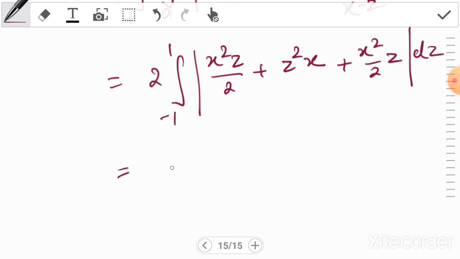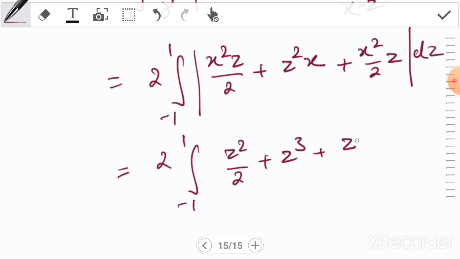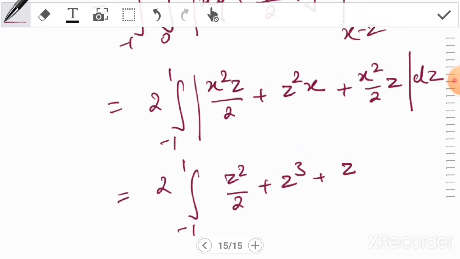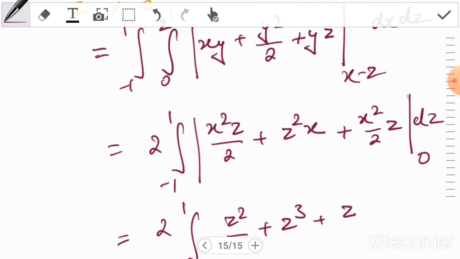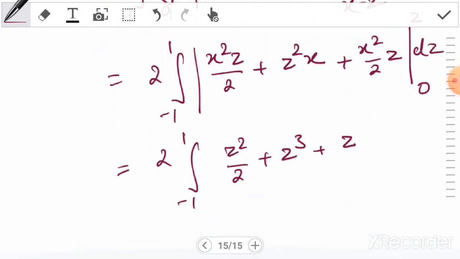So you will get 4 times the integral from minus 1 to plus 1 of z square by 2 plus z cube plus, this was 0 to z, z cube by 2, dz.